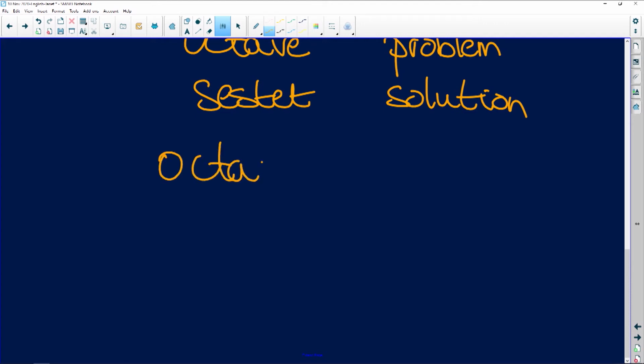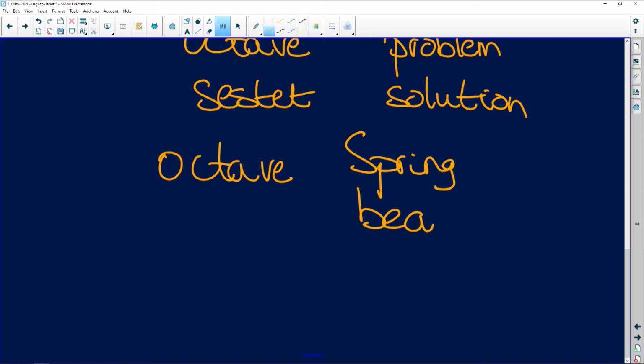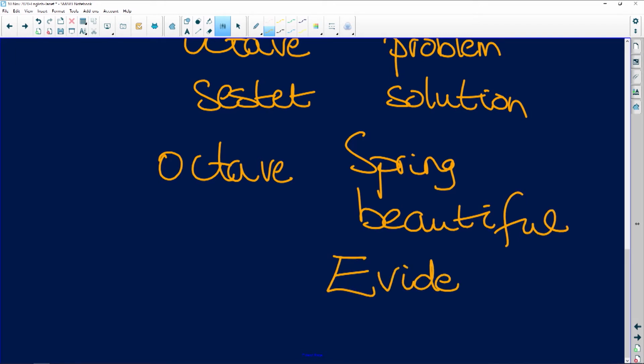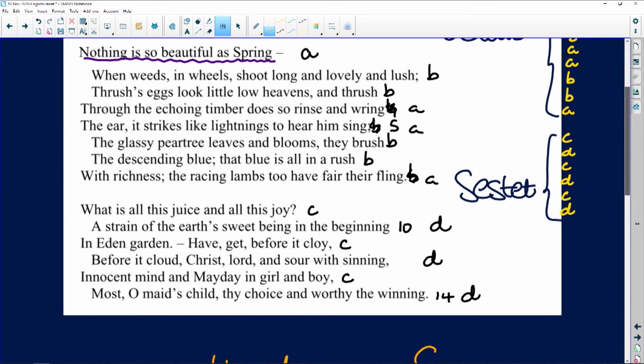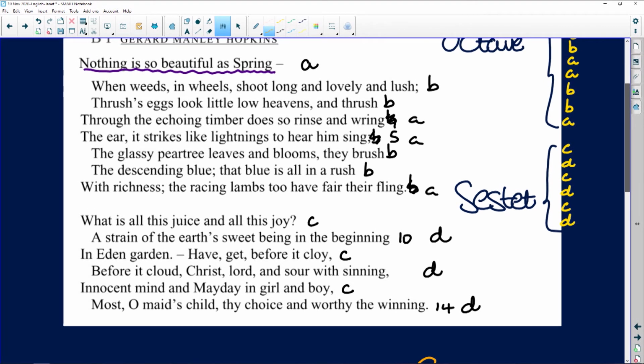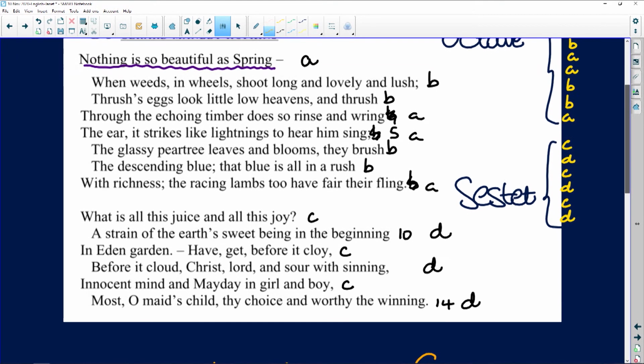So the octave is that spring is the most beautiful season and it provides all the evidence. Now, if the couple of problems were in some of those lines, please won't you send me another message and I can look at that next time.